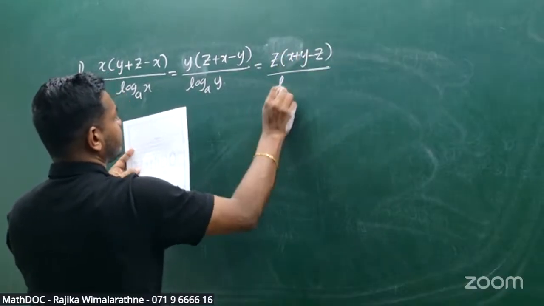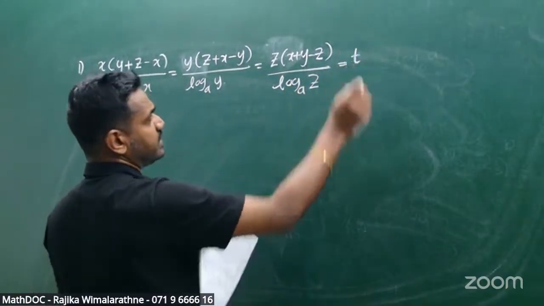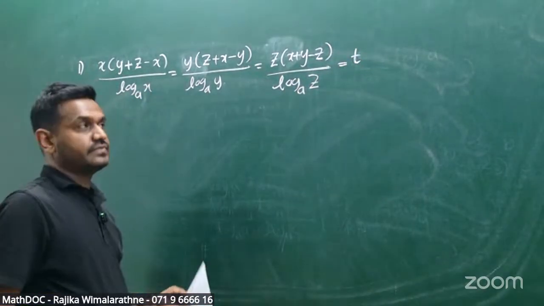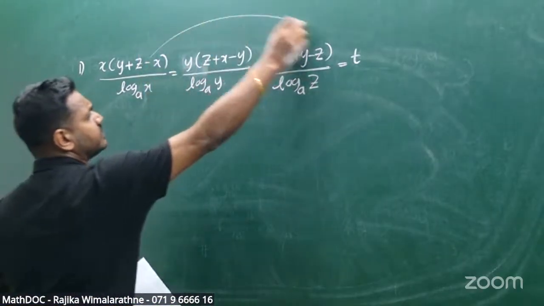Let's take t. So when we have two equal signs, we better put another equal sign with t. Now equate these two.